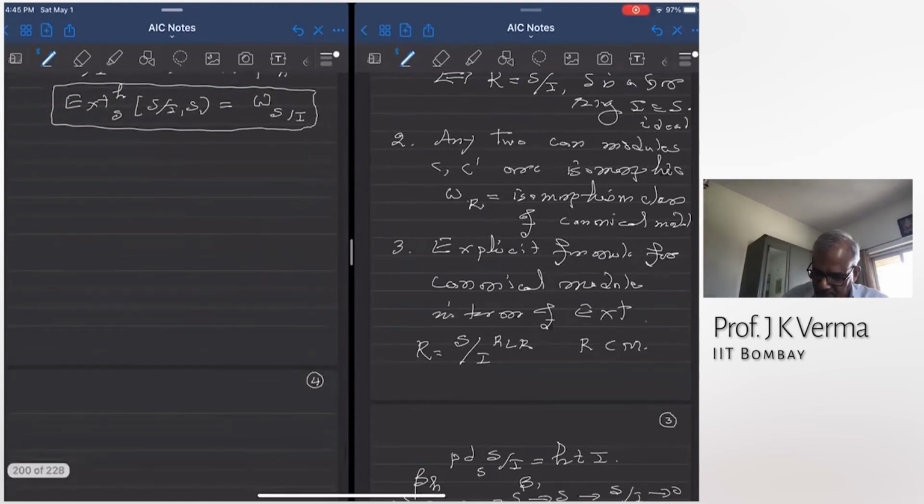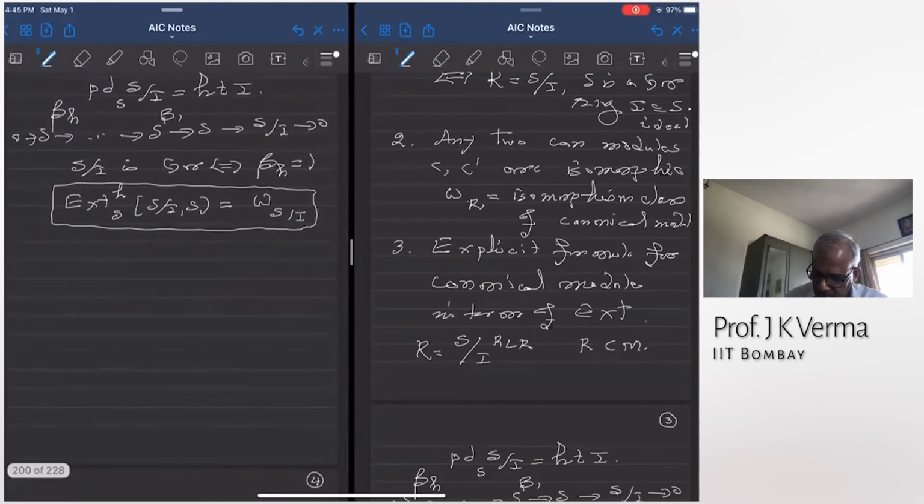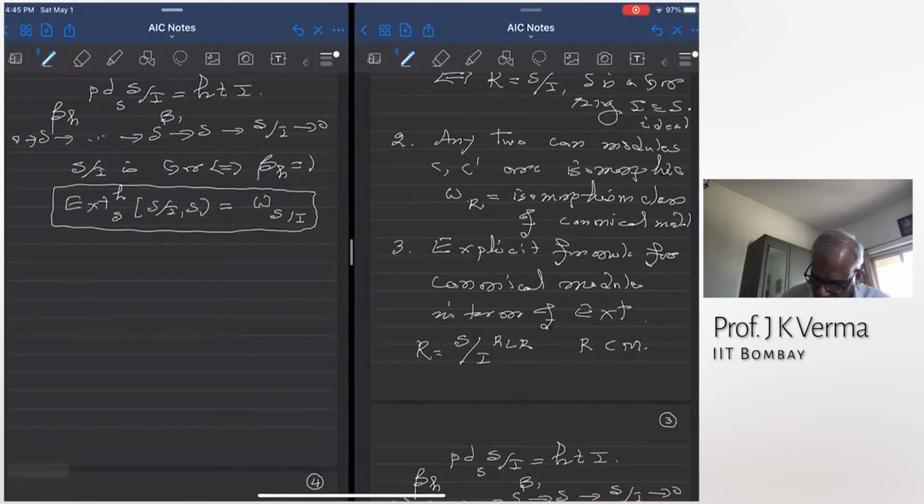In many places I'm going to use some parts of Matlis duality. And I will give a generalization of Matlis duality in arbitrary dimension. Okay, so Matlis duality has to do with duality with respect to the injective hull. So this applies to Noetherian local rings. And suppose E is the injective hull of the residue field.